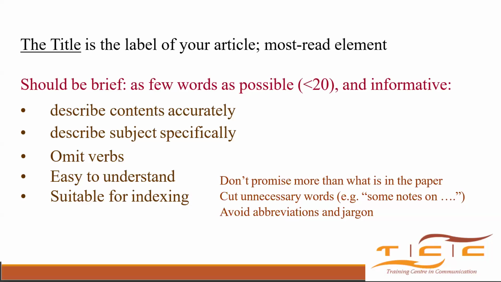In the title also, we are told to avoid abbreviations and jargon, especially those that can be difficult for other people to understand. If I am not in your field and I'm looking for information in your specific field, research is now multidisciplinary, multi-institutional. Now, I could be in the field of aquaculture, but I'm writing about the nutritive value of a specific fish, as an example.